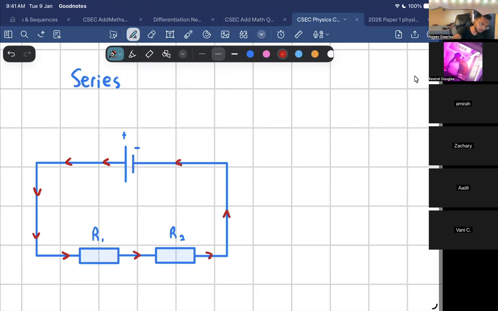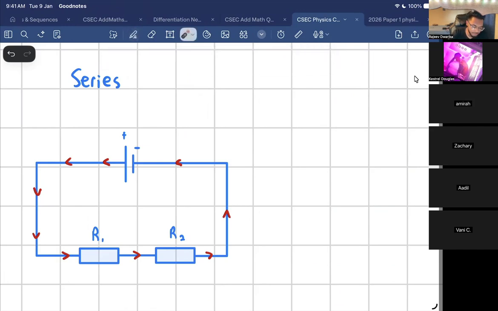Now, when you look at the current flowing in the circuit, does the current ever split? Imagine there's a road, right? Imagine you're in a car and you're driving. At any point when you're driving and staying on the road, is there any junction, like a split?